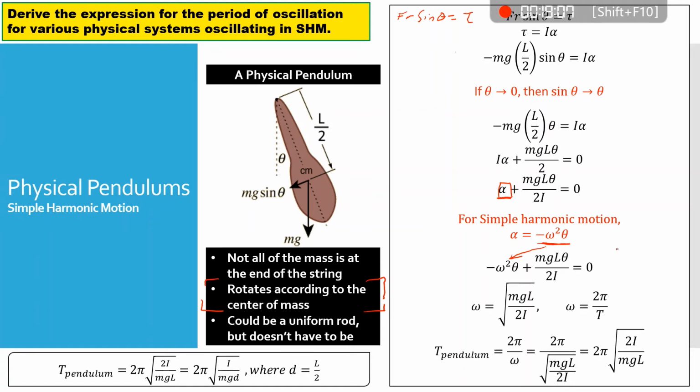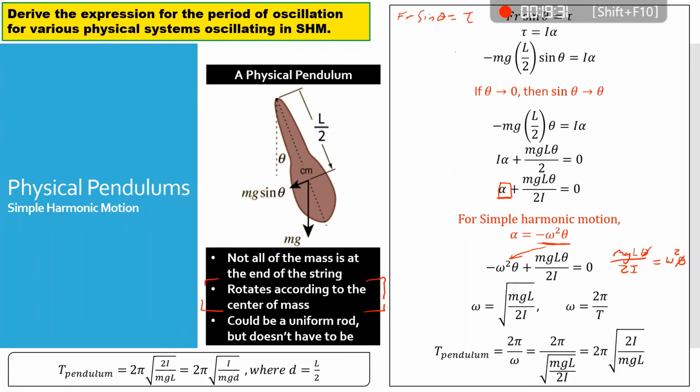Then I can add that back, so this will be mgL theta over 2I equals omega squared theta. My thetas on both sides will cancel, and I can take the square root of both sides to get omega is root mgL over 2I. Good so far?